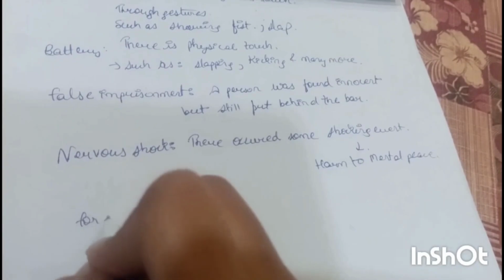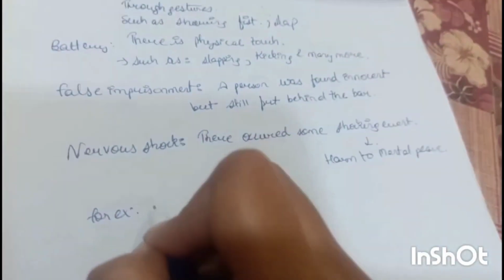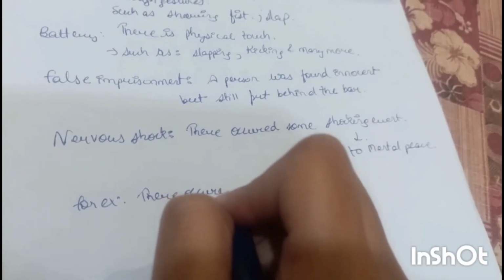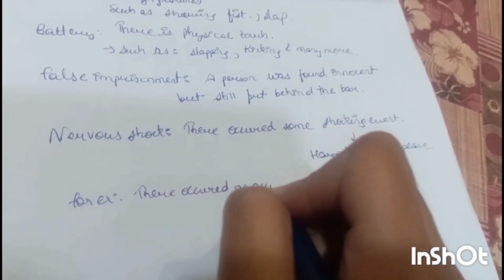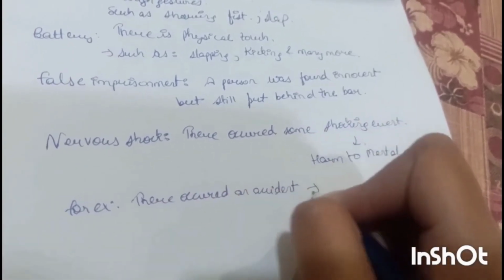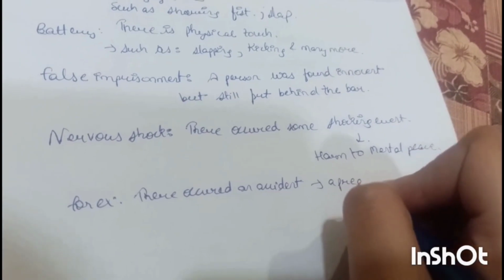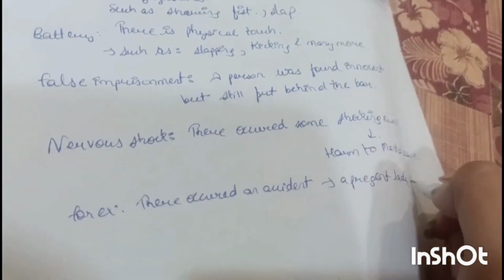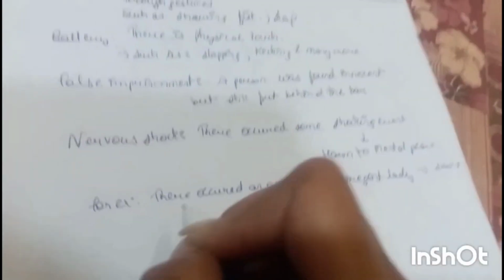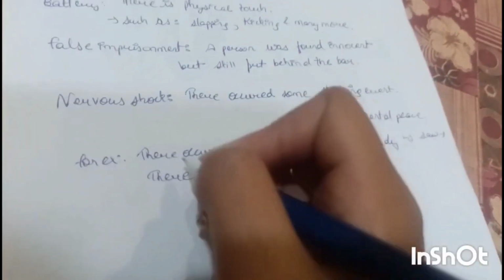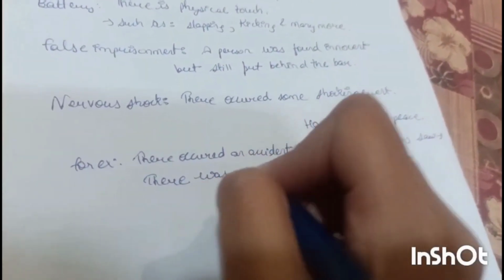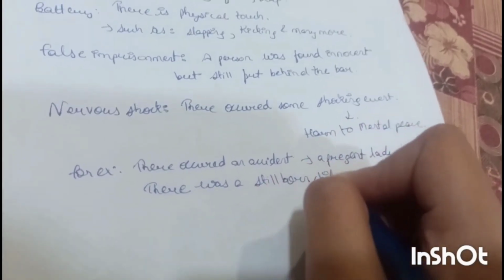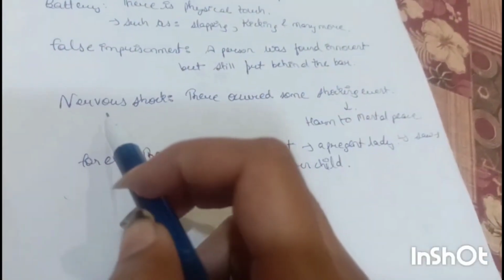For example, an accident occurred and a pregnant lady saw it, and there was a stillborn child. So this is the example of nervous shock.